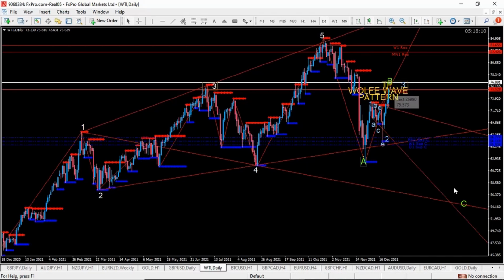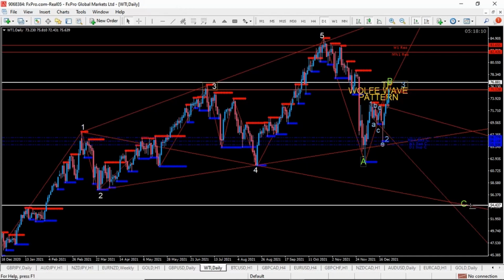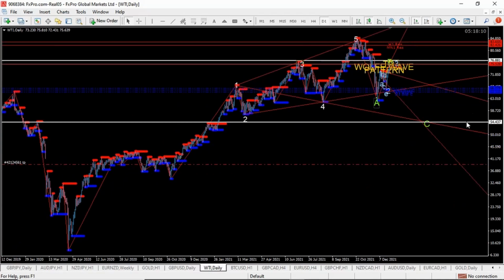This is going to be our correction, a 5 3 5 correction on the daily time frame. So we are expecting it to end around this zone, and that's what we've been saying all along.